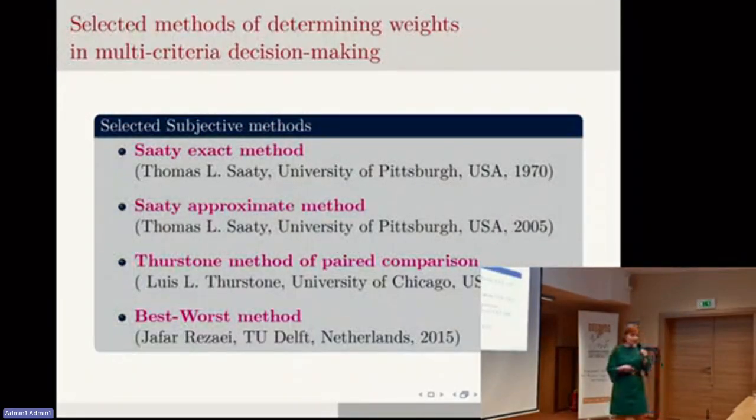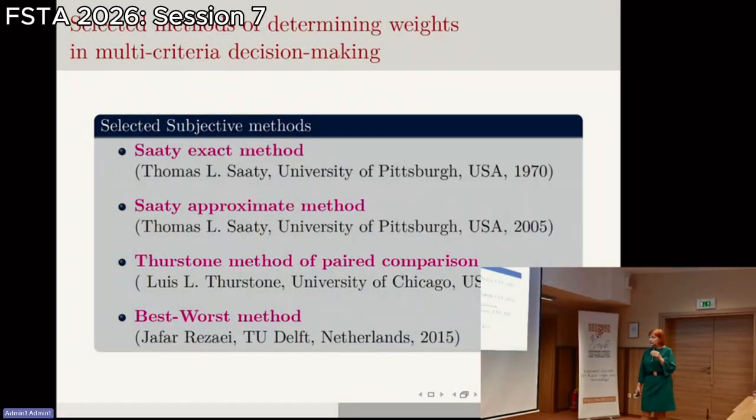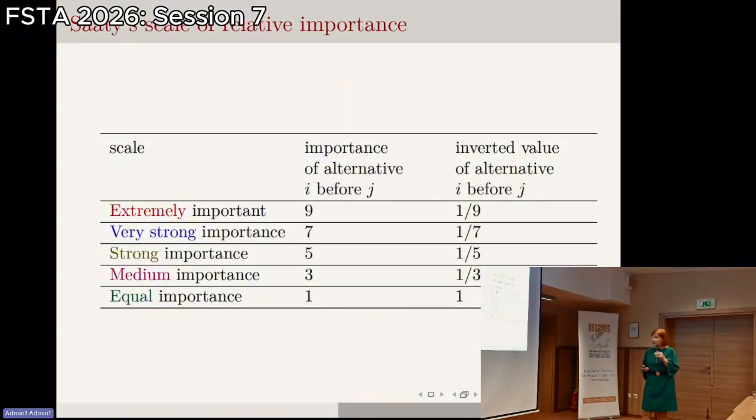I would like to only remind you of some methods for determining weights in multi-criteria decision making. You know the well-known Saaty exact method, maybe the Saaty approximate method, and the Thurstone method of paired comparison. And the last one, already mentioned, the best-worst method. Again, I only remind you of the Likert scale.